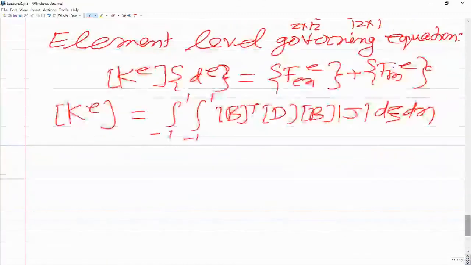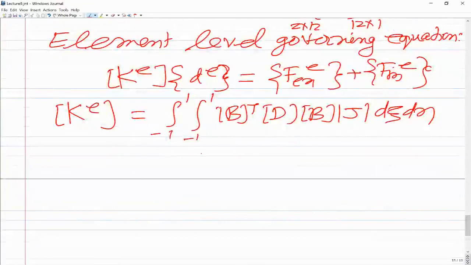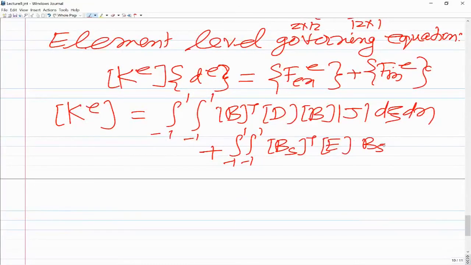And similarly, of course this is the bending part of the stiffness matrix, plus you will have the contribution from transverse shear strength, so -1 to +1, -1 to +1, and then we have BS transpose into E into BS into determinant of J into d zeta d eta.